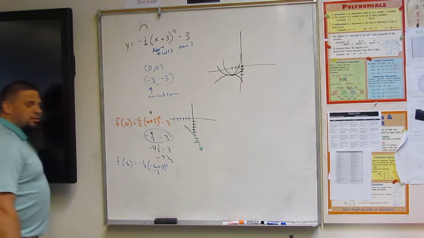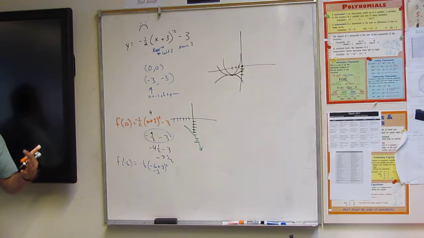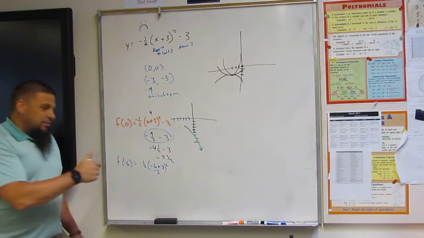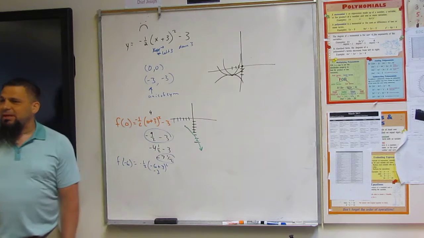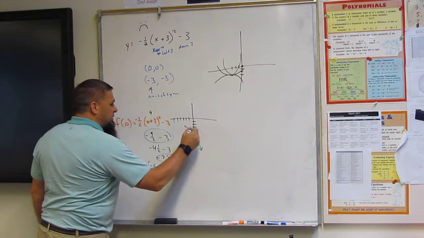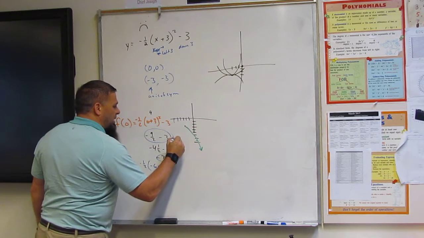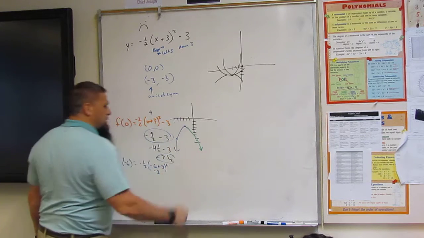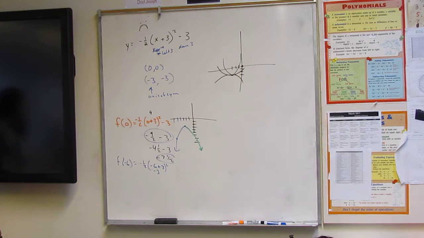Oh, that's just 9. So I don't even have to do the math. Once I know that this inside piece is 9, this is going to end up to be negative 7.5. Ta-da! Alright, so then I just come over, and there.